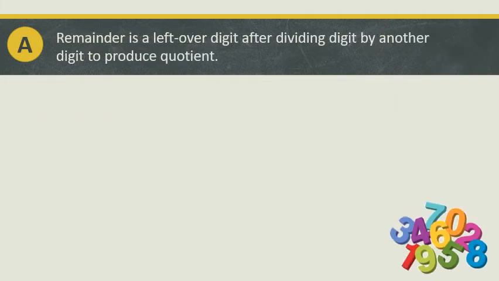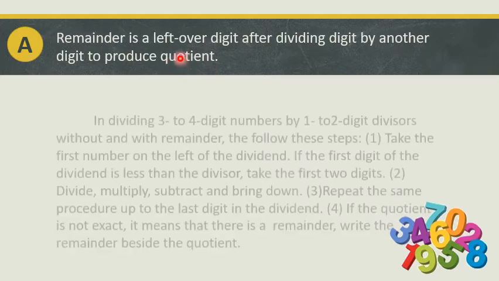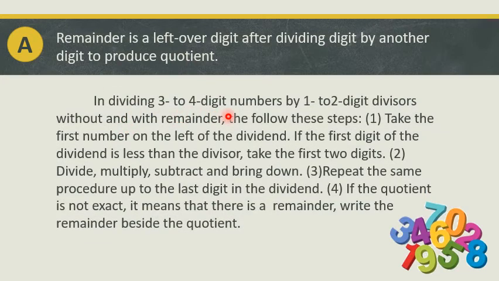So, remainder is a leftover digit after dividing a number by another number to produce a quotient. So, siya yung natitira pag tayo nag-divide ng isang number sa isa pang number. In dividing 3 to 4 digit numbers by 1 to 2 digit divisors without or with remainder, to follow the steps, first, take the first number on the left of the dividend.